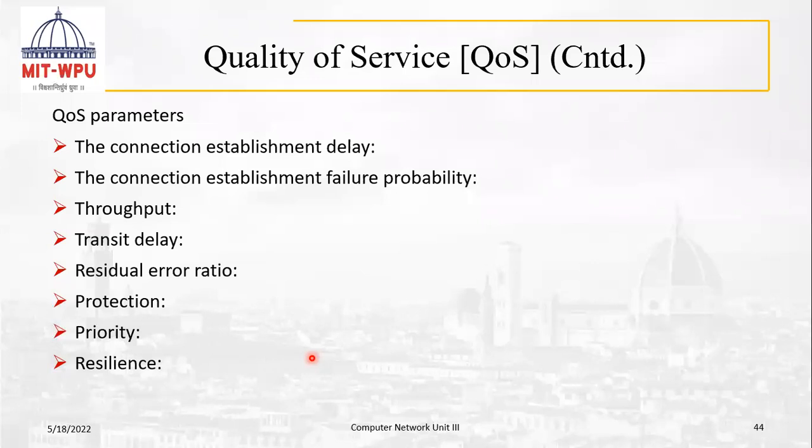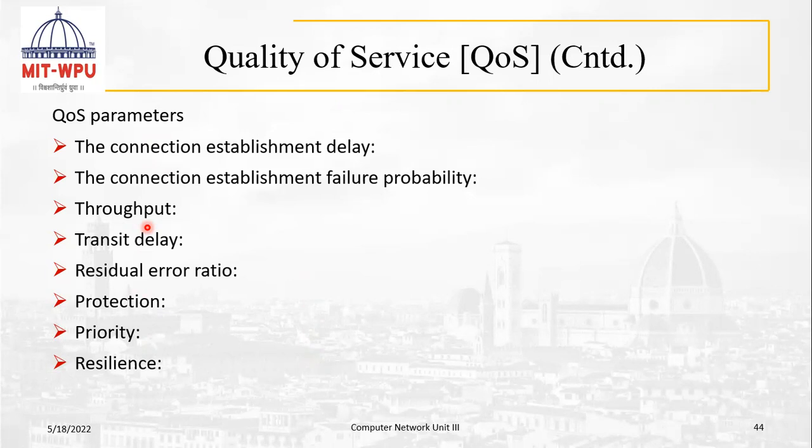Then quality of service is one of the jobs of the transport layer, and quality of service depends on these parameters. I suggest you go through these parameters one by yourself, study yourself. Throughput, what is the transit delay? Throughput, if you remember, we have seen the slotted Aloha throughput, pure Aloha throughput.